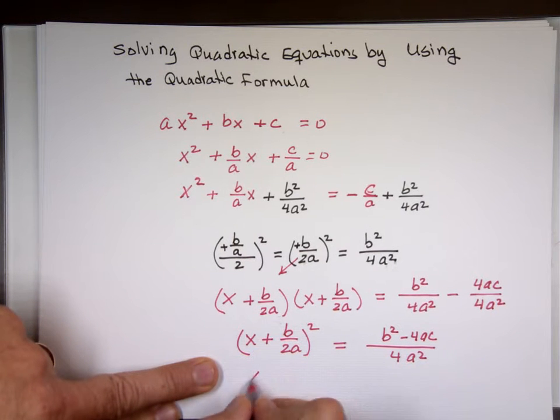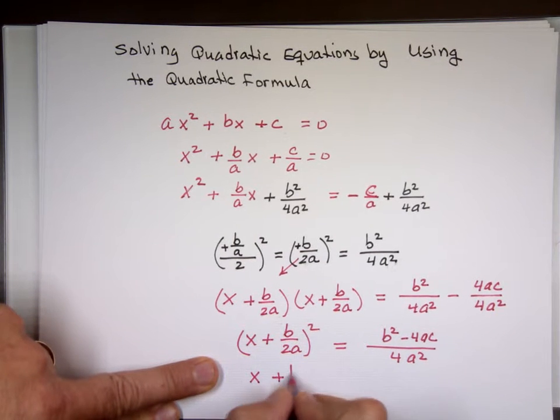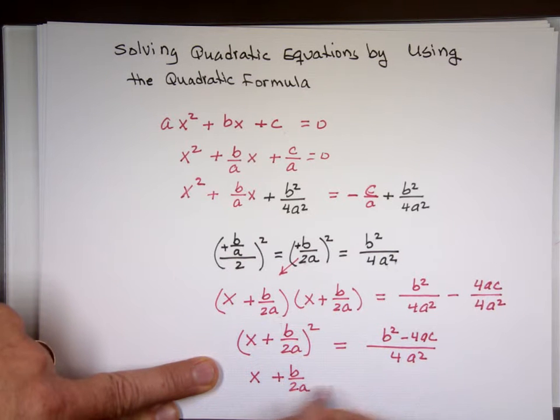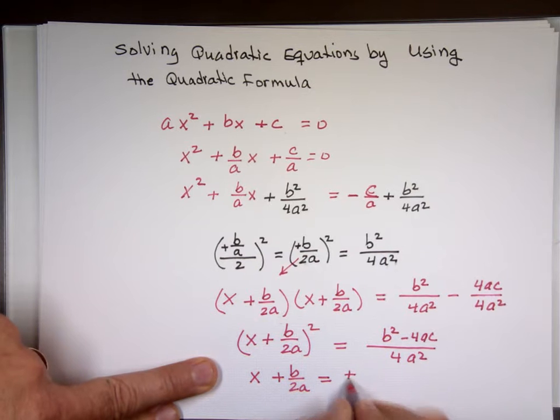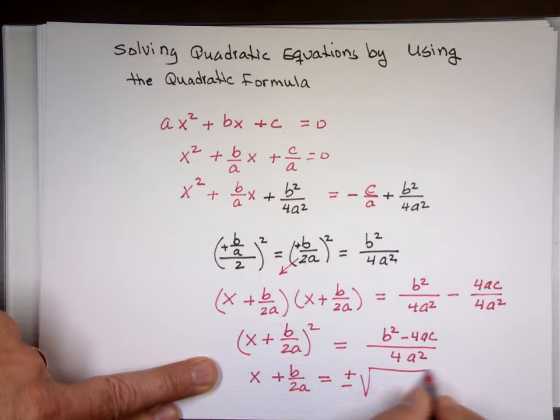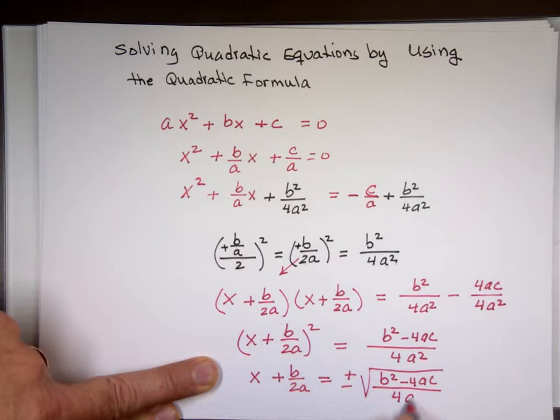And to get x plus b over 2a without the square, it should be plus or minus the square root of b squared minus 4ac divided by 4a squared.